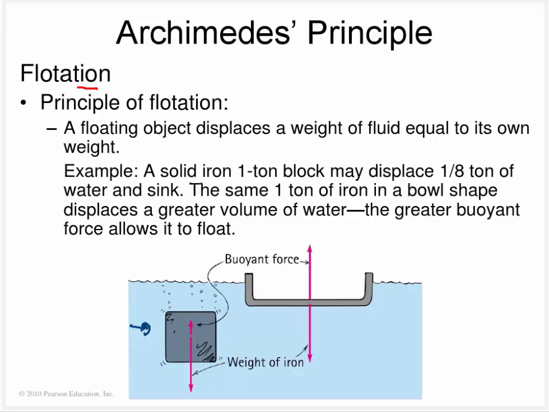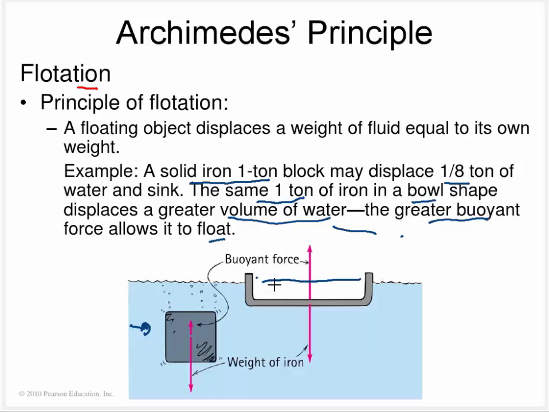So if we had just a 1-ton brick by itself, maybe it's going to displace maybe an eighth of a ton, in which case the density of the object is larger than the density of the water, and it's going to sink. But if we took that same 1-ton block of iron and we shaped it into a bowl, then it can displace a larger volume of water, which means it can displace a larger weight of water, and it can have a larger buoyant force, and it's going to allow it to float.